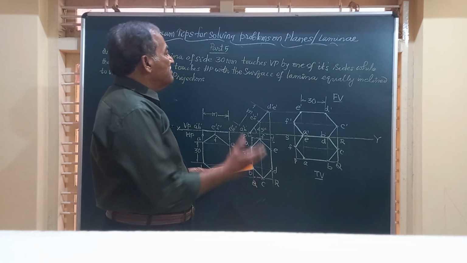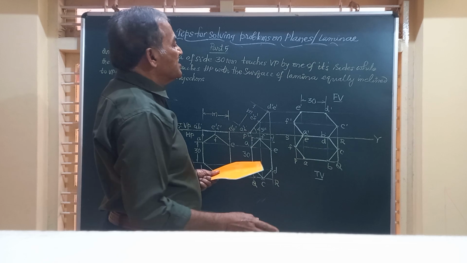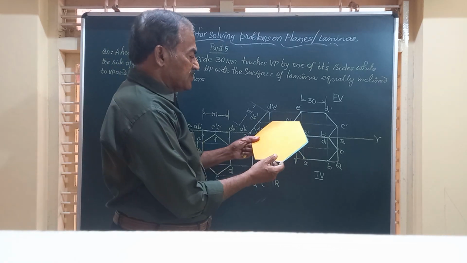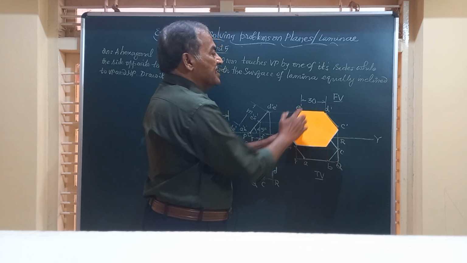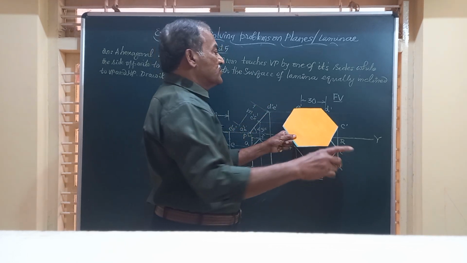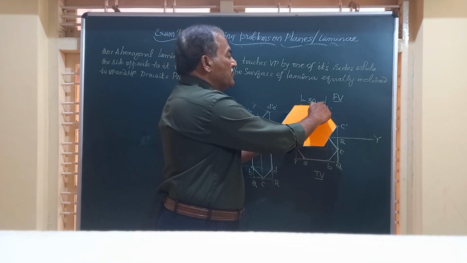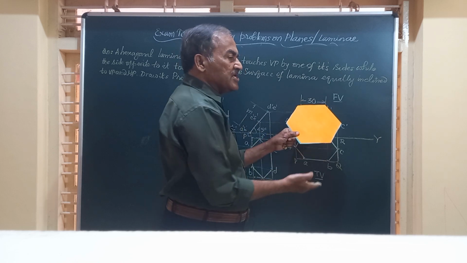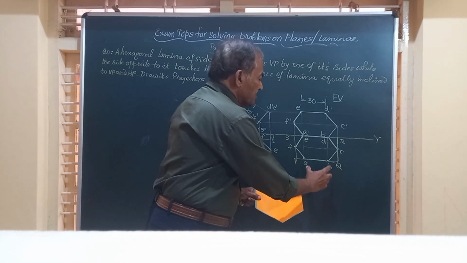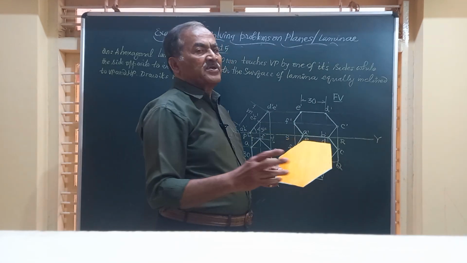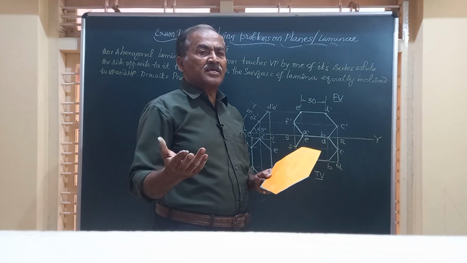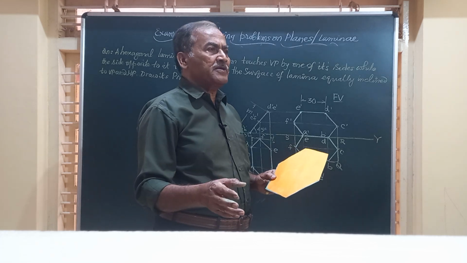Now the simple thing is the lamina is resting on one of the sides on HP and the opposite side is touching VP. So the side touching VP and the side on HP will have the same measurement, 30, 30. And then the surface is making equal inclination with HP and VP.